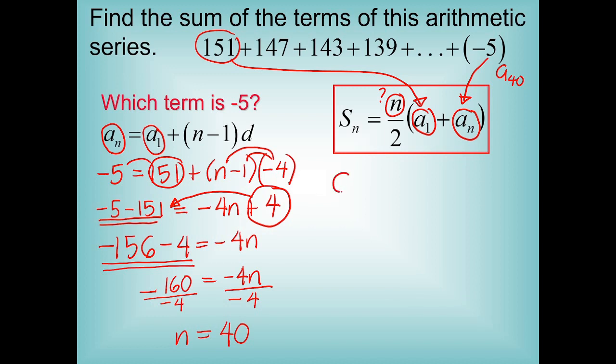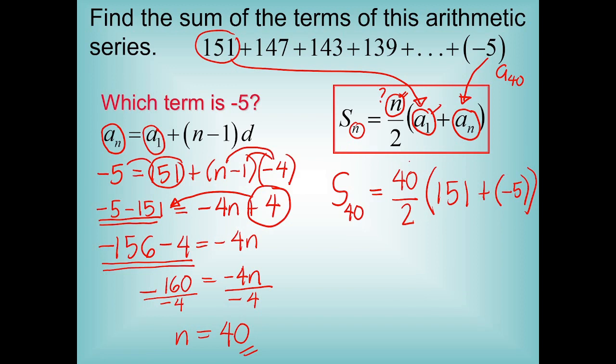Therefore, I will be solving for the sum of the first 40 numbers. Okay, my n is 40. So, substituting 40 over here and substituting the first term, which is 151, and our a sub n which is negative 5.